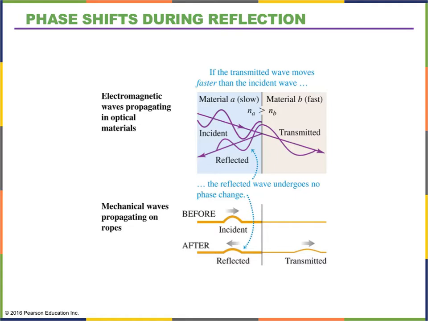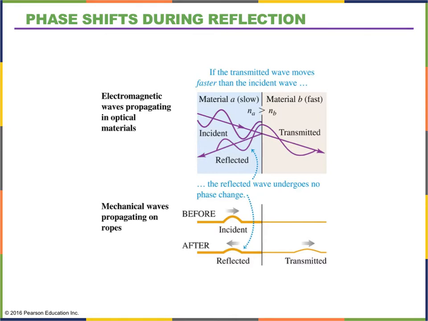There are a couple of rules we want to think about. If the light ray is going from a material where the light travels more slowly to one where it travels more quickly, so for instance, the material on the left has a higher index of refraction than the material on the right, like the one on the left being water and the one on the right being air.